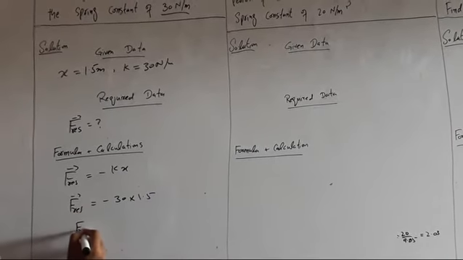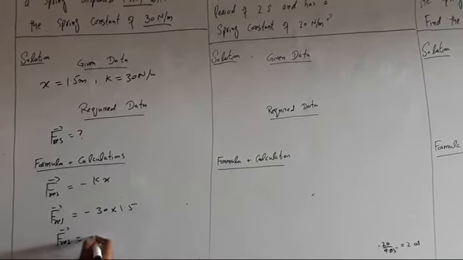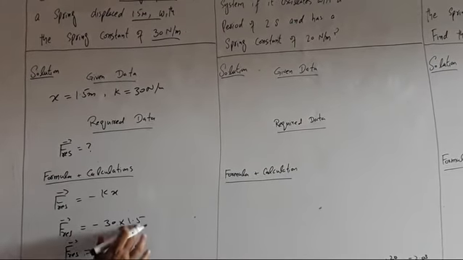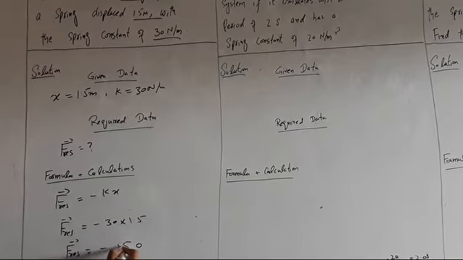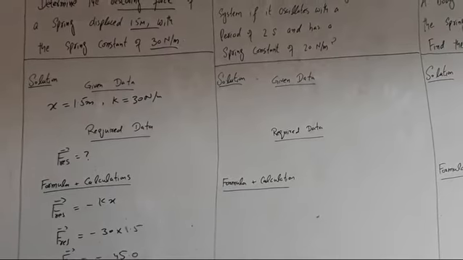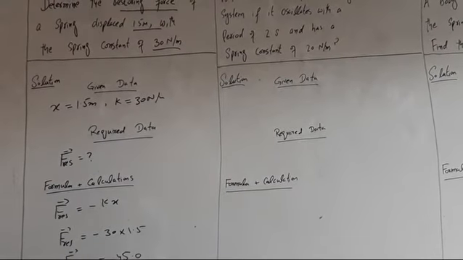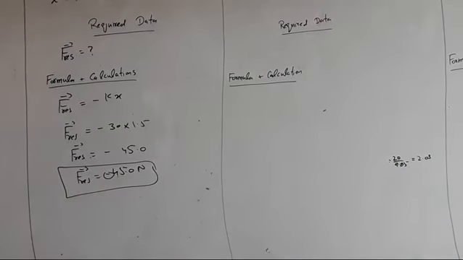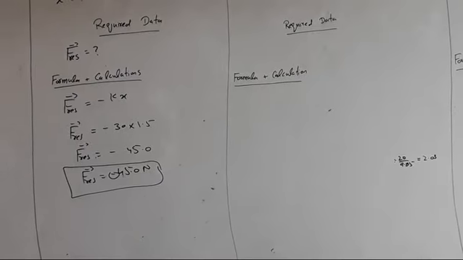So F restoring will be equal to minus 45.0 Newton. Again the negative sign is for opposite direction to displacement.